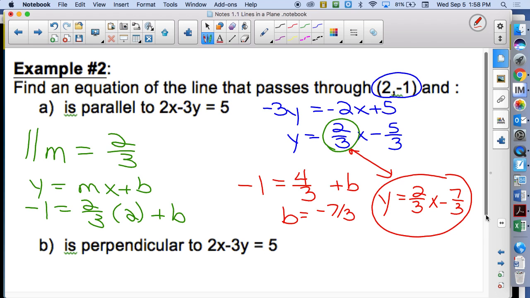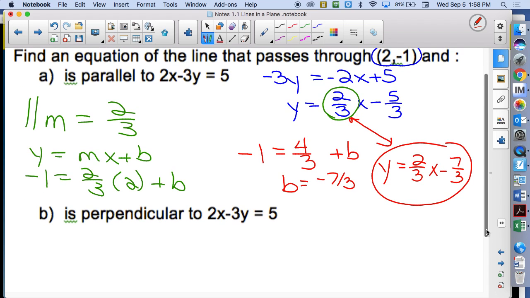And then just to start the last one, perpendicular, Sabrina said would be opposite reciprocal. So it would be -3/2. And then you do it exactly the same way. So my slope is now -3/2.